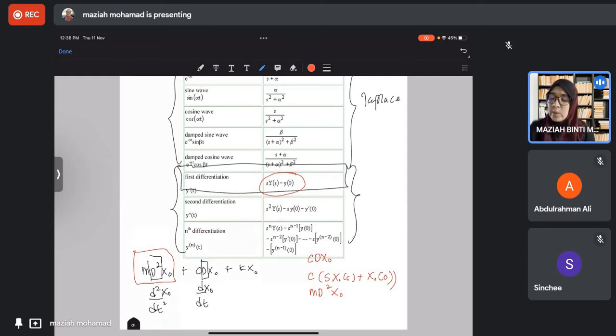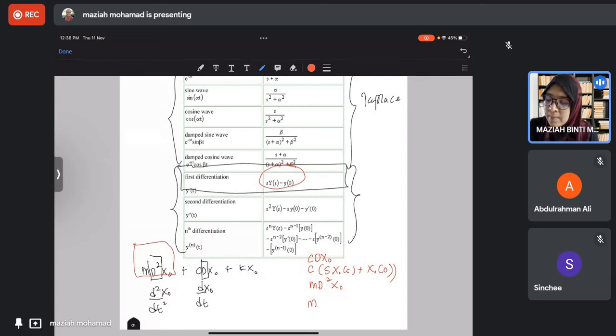When we convert, it will become m multiplied with s square X naught(s) minus s x naught(0) minus x naught prime(0). So that is for second differentiation. Normally for your control course, it will be up to a maximum of second differentiation.